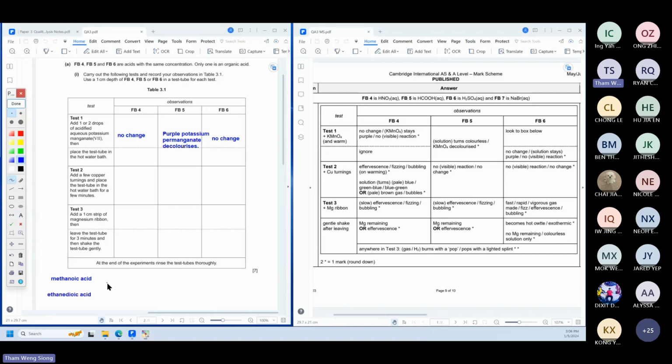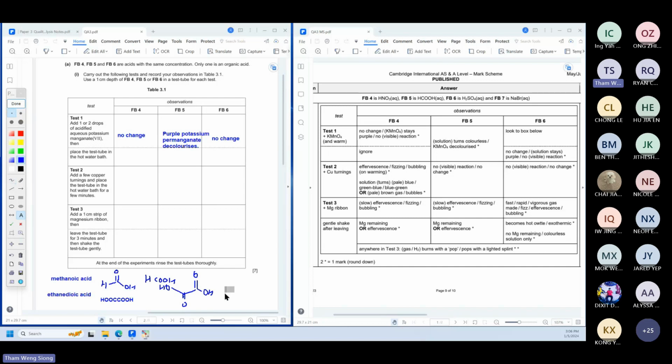So therefore, it will look something like this: H, O, H-C-O-O-H. Then the other one is HOOC-COOH.